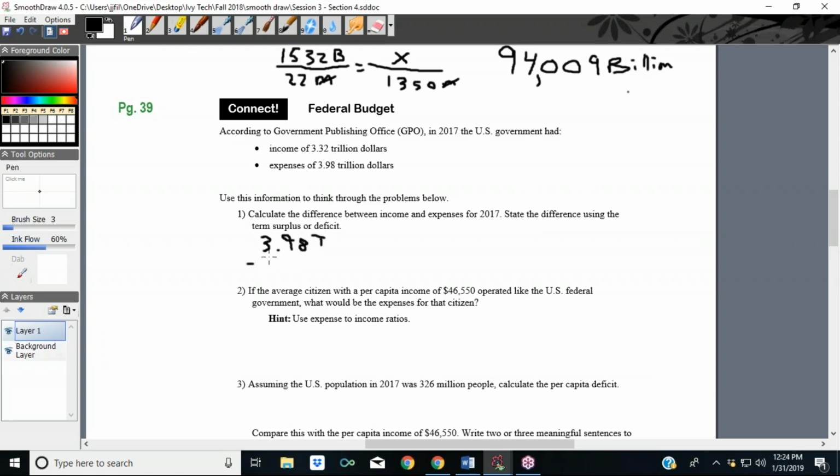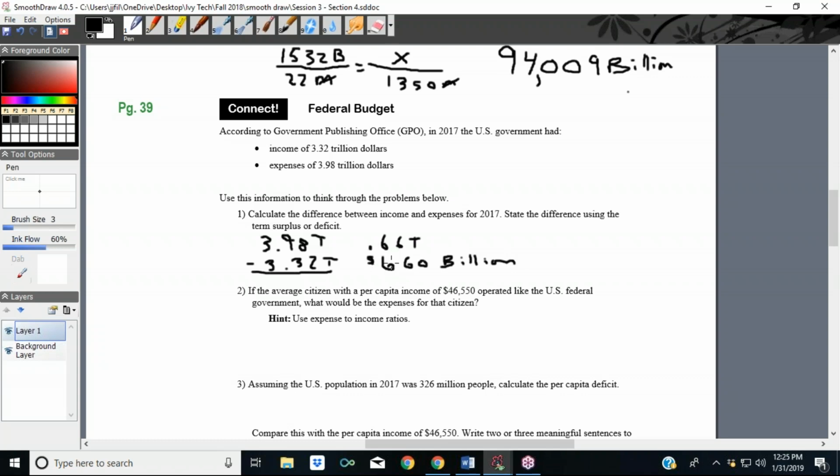So we can do something like 3.98 trillion minus 3.32 trillion, and we get 0.66 trillion, which is 660 billion. So 0.66 trillion or 660 billion dollars.